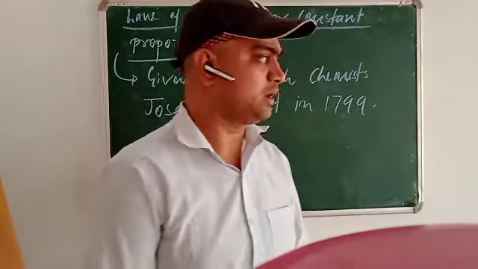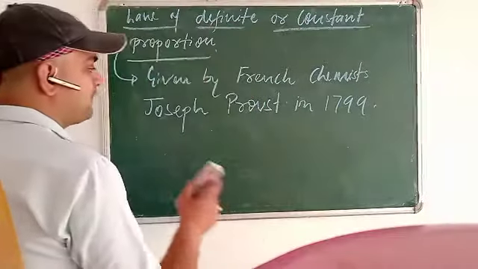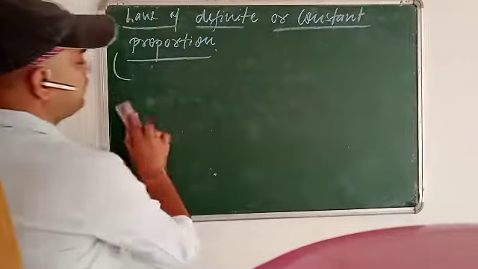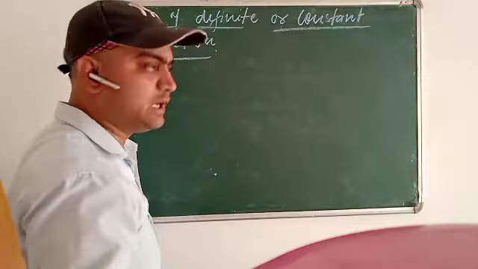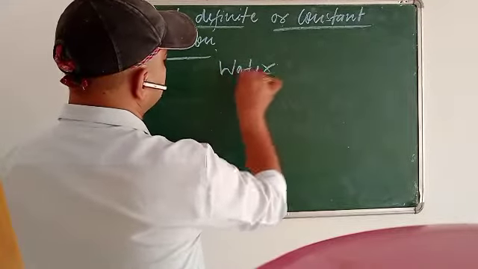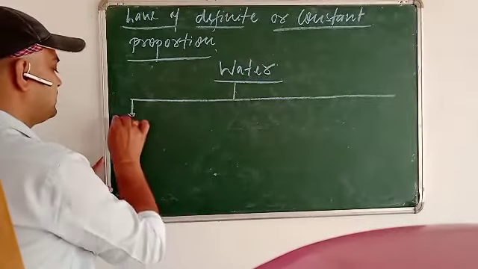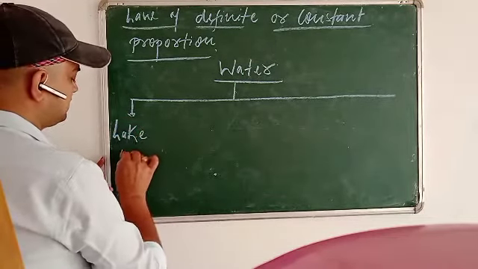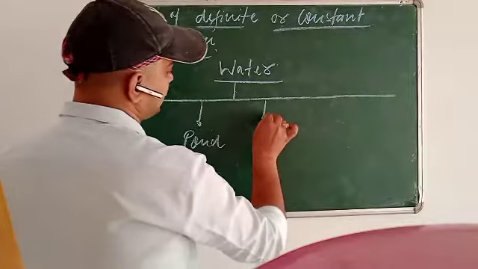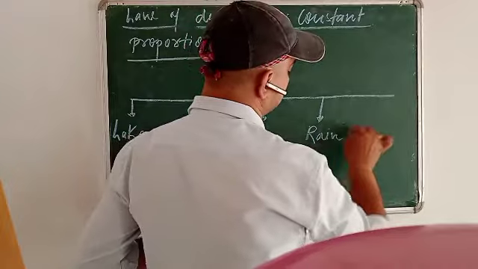Now I will talk about this law with a suitable example. Suppose we talk about water. What are the sources of water in our surroundings? Water has different sources like lake water, pond water, sea water, rain water, groundwater, and so on.